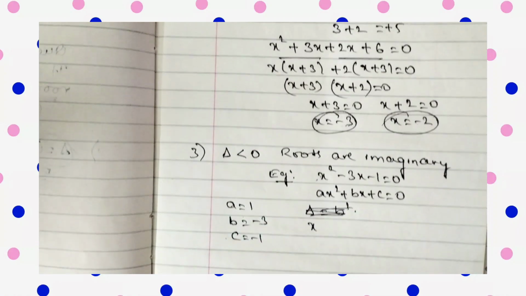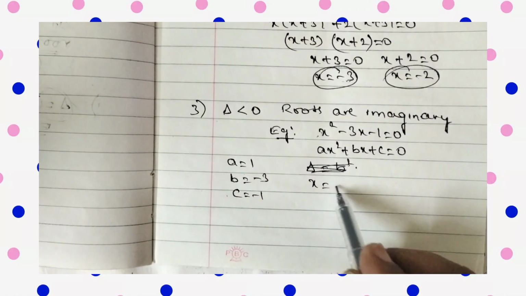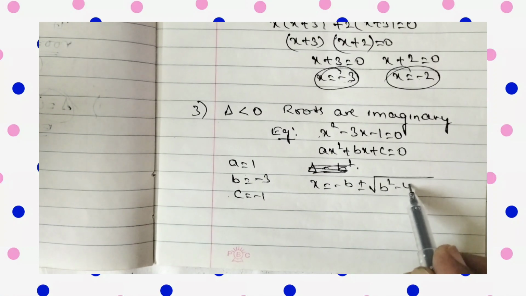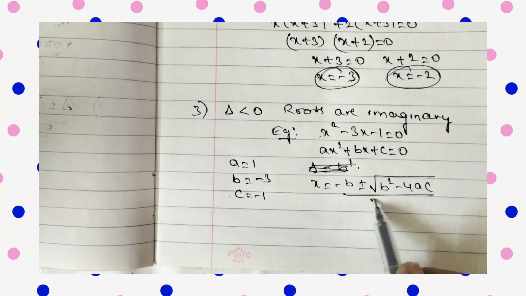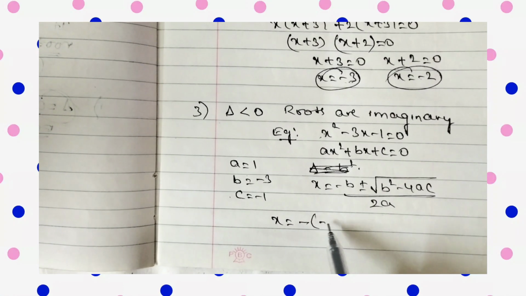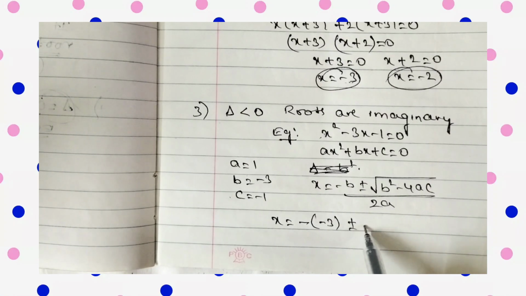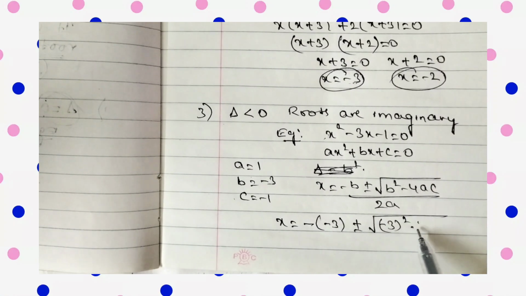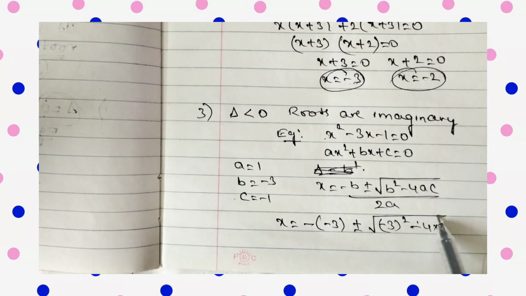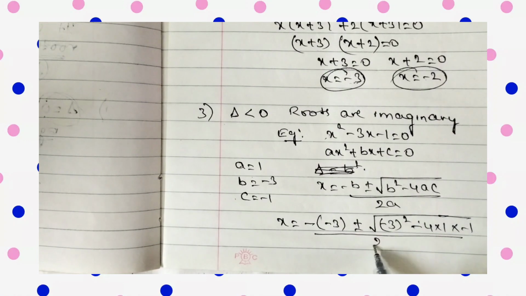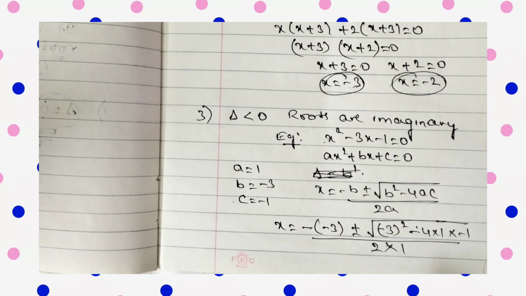So x is equal to minus b plus or minus square root of b square minus 4ac divided by 2a. So x is equal to minus b is minus 3 plus or minus root of minus 3 whole square minus 4 into a is 1 into c is minus 1 divided by 2 into a is 1.